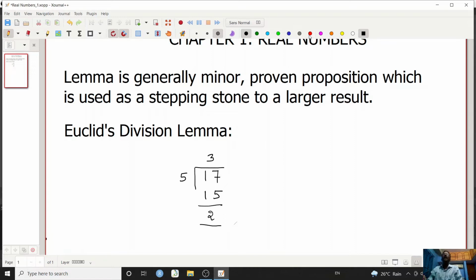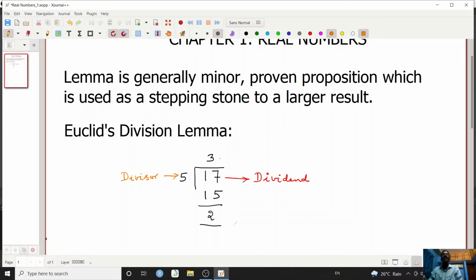Here, this number 17, which is to be divided by 5, is called the dividend. The number that is to be divided is the dividend. The number which divides, 5, is called the divisor.